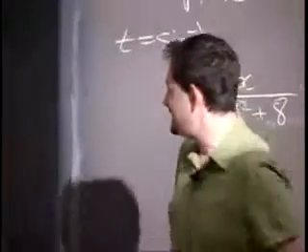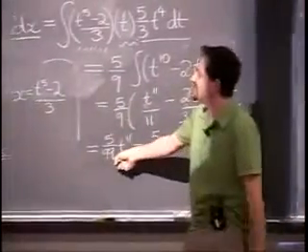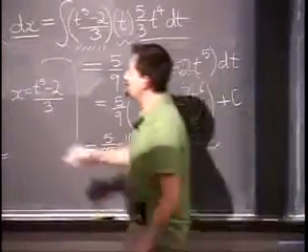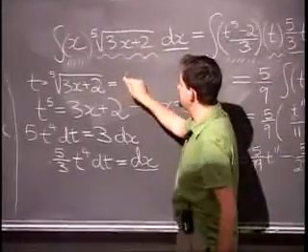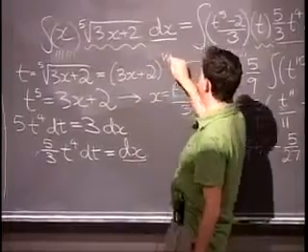Good. Now, the deal is this. We have to go back to x-land, and for this purpose, I'm going to write t sneakily as (3x plus 2) to the power 1/5.